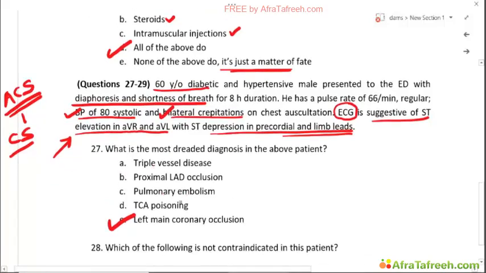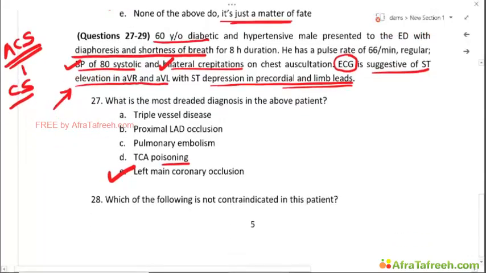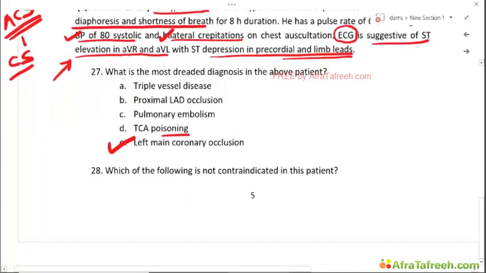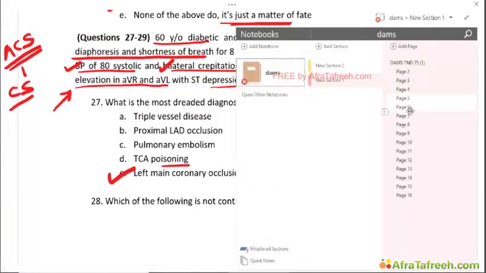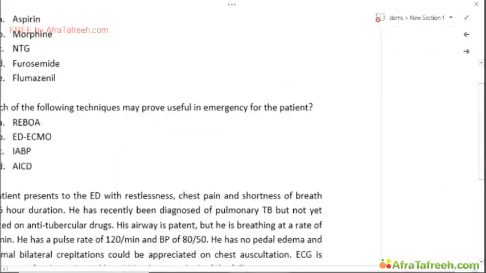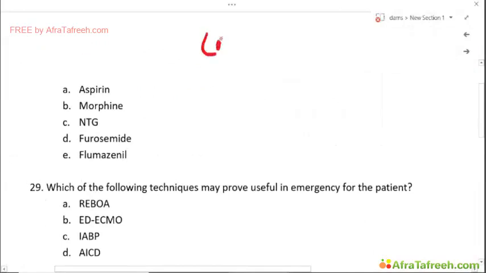A differential would be TCA poisoning, but there is no historical evidence that the patient could have possibly taken a tricyclic antidepressant, or a possibility of an overdose where this should be considered. Okay, which of the following is not contraindicated in this patient? We come to the options here. Mind you, this is left main coronary artery occlusion. Aspirin, no, it's indicated, it has to be given.